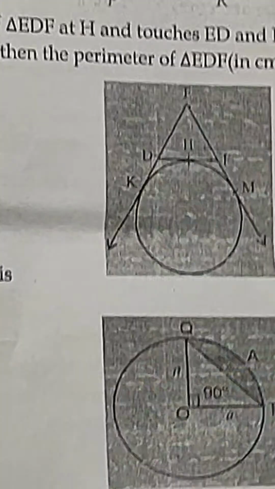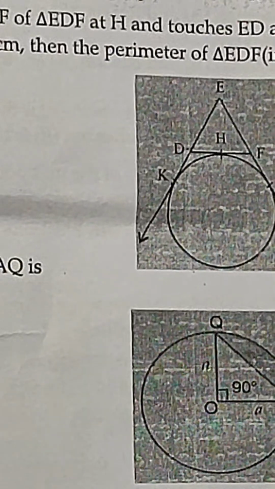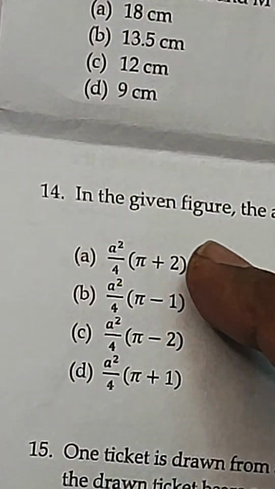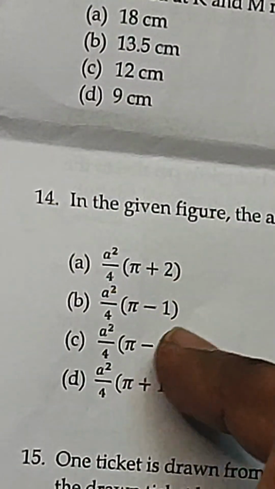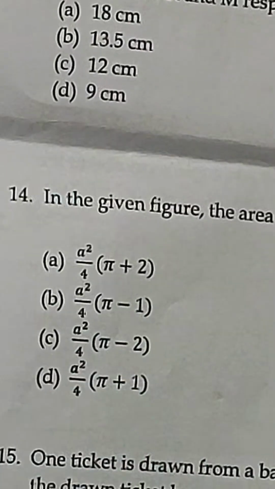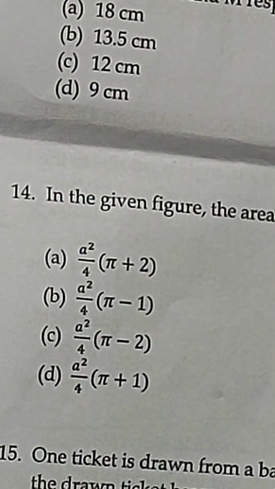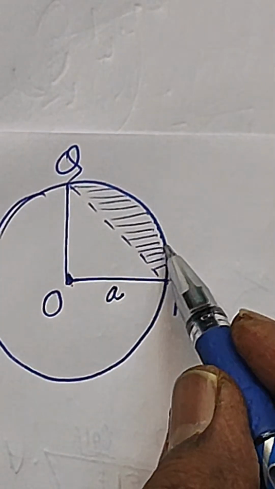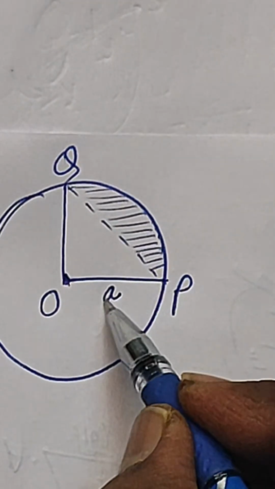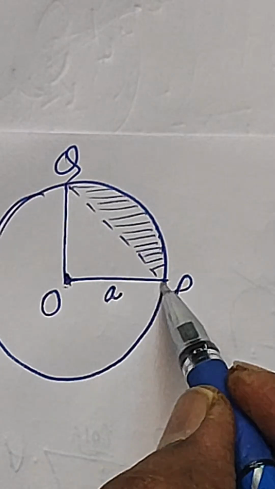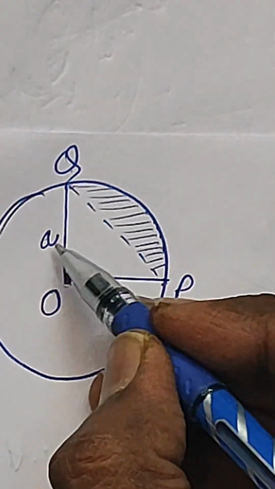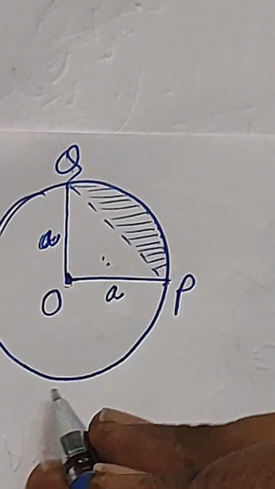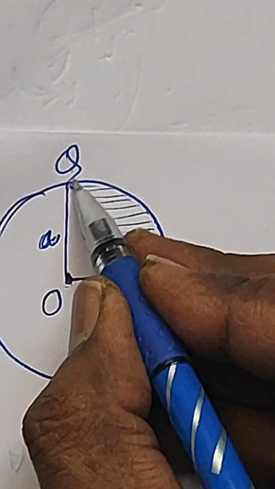This is in the given figure, area of the segment is what if the options to us are this one, a square by 4 into pi plus 2, a square by 4 into pi minus 1, like this, right? So here area of the segment will be equal to, if OP is A, then definitely OQ is also A, and area of the segment will be equal to area of the sector.